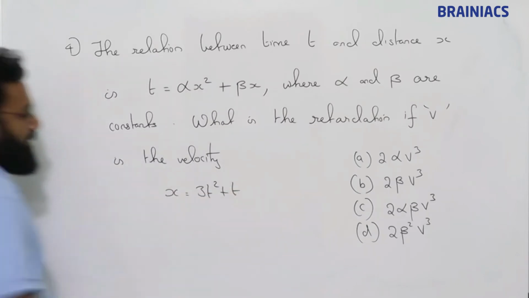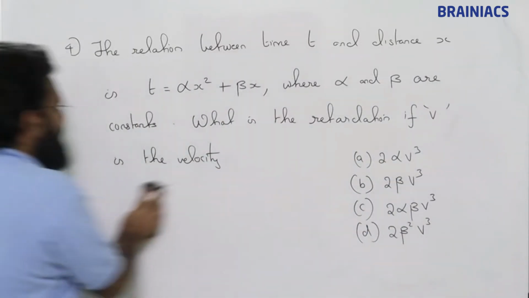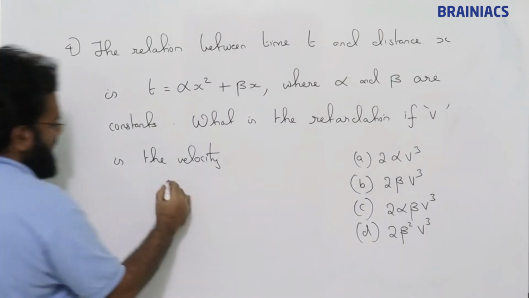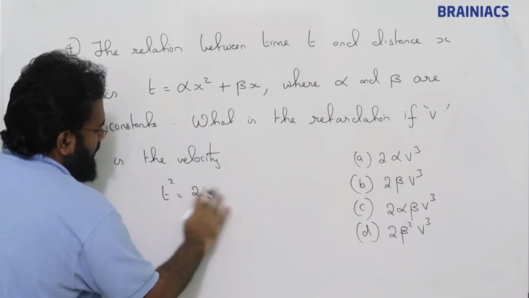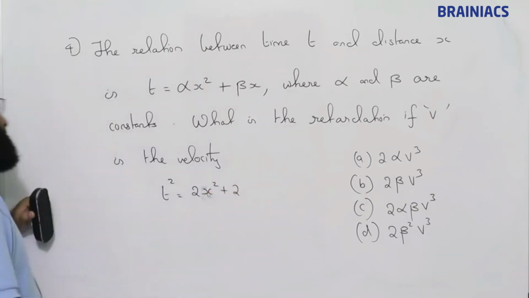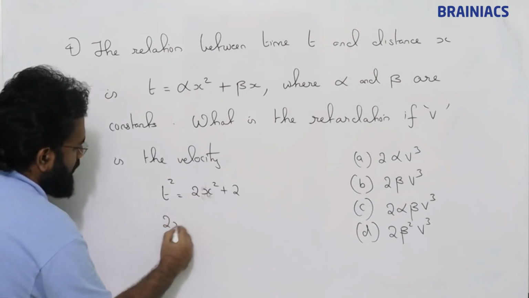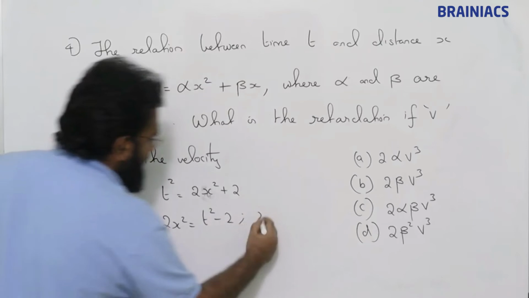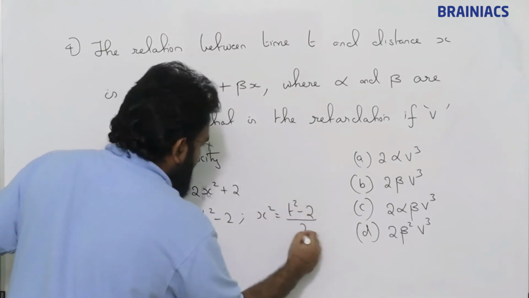It is not like that. They have given the equation of time. Even if the equation of time is like this, suppose t square is equal to 2x square plus 2, then we can do 2x square is equal to t square minus 2, then x square is equal to t square minus 2 divided by 2.